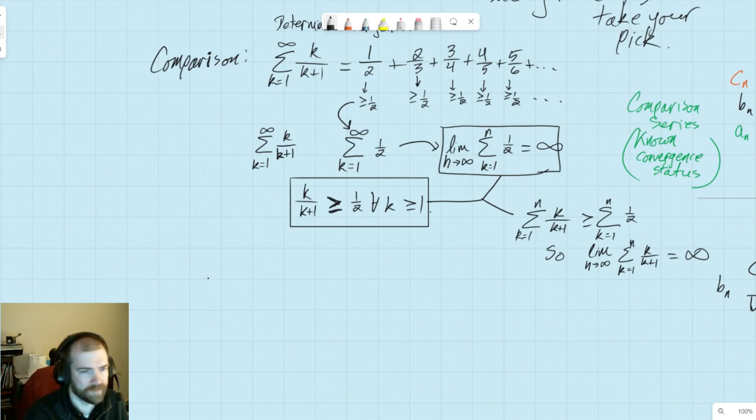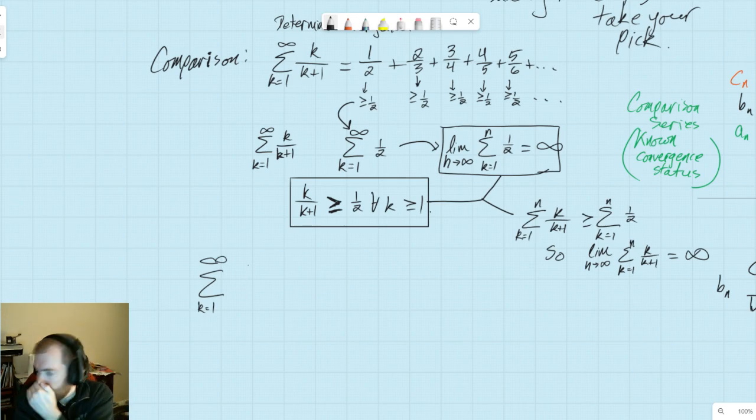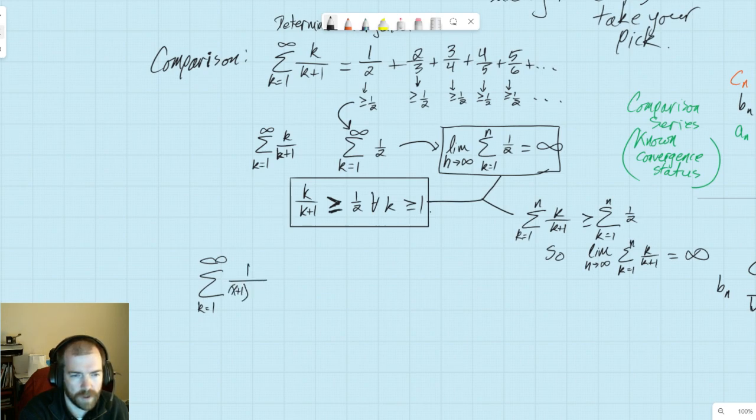So an example might be the sum from k equals 1 to infinity of 1 over (x plus 1) square root of (2x minus 1).